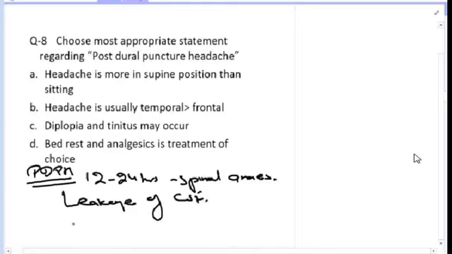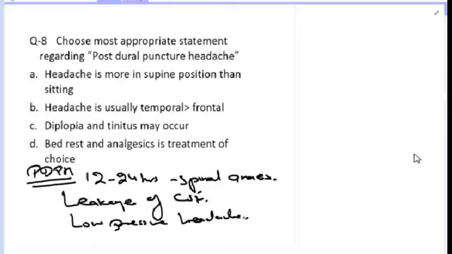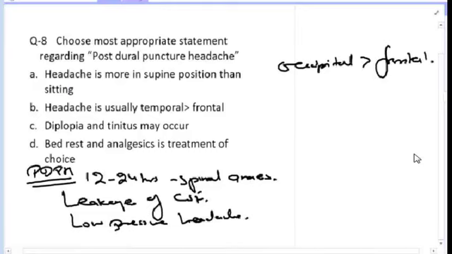It is a low pressure headache. So, unlike meningitis, which is a high pressure headache, this one is a low pressure headache. The headache is usually occipital but may be frontal.